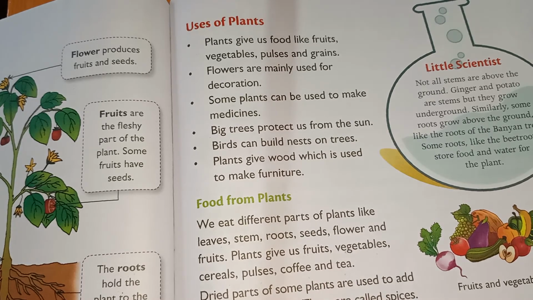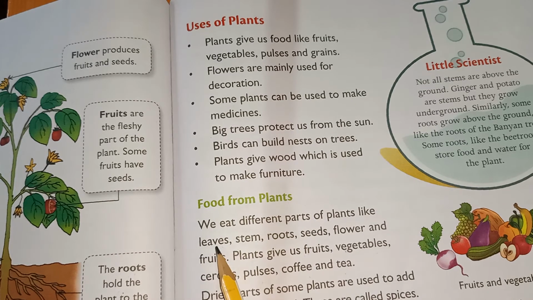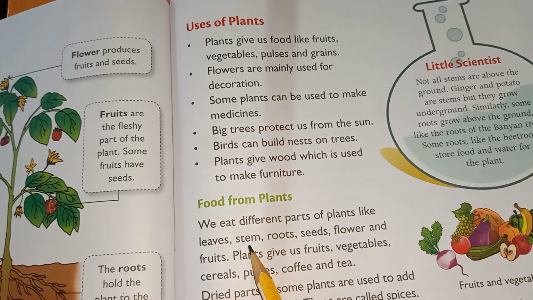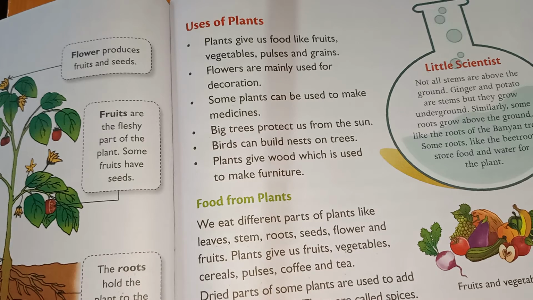Therefore, we can eat almost every part of plant. Every part of plant means we can eat leaves, stem, roots, seeds, flowers and fruits. So every part of plants is very, very important.